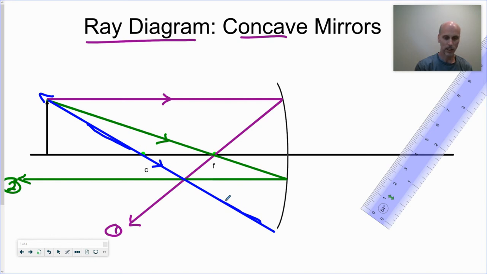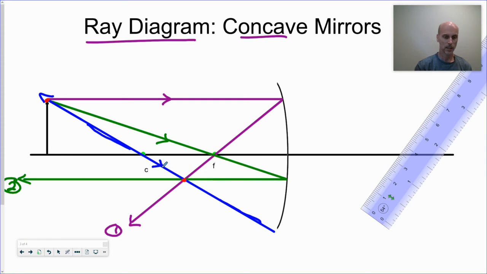So there's the incident ray, but it bounces straight on. So there's a reflected ray right here. And you'll notice that there's an intersection point right here where all three of these reflected rays intersect. And that's what we're looking for. This will tell us where the tip of the image will be.